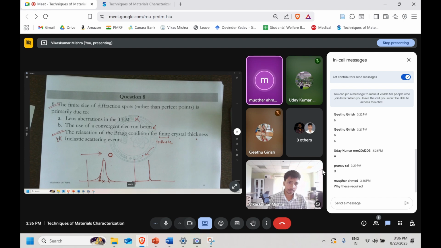From the user's point of view, what is the purpose of this relaxation of the Bragg condition for the finite crystal thickness?